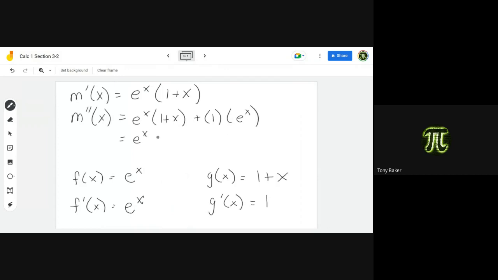So e to the x plus e to the x, or x e to the x, plus e to the x. So I have e to the x and then 2 plus x.